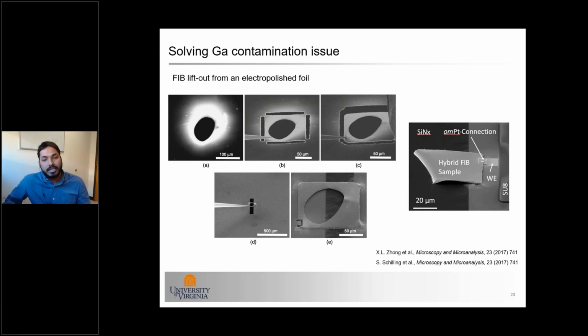Basically, we still need more work to understand that. But if you are worried about the gallium issue, one can get a lift out specimen from an electropolished sample and then weld it onto the E-chip, and you could see two works from, again, University of Manchester.